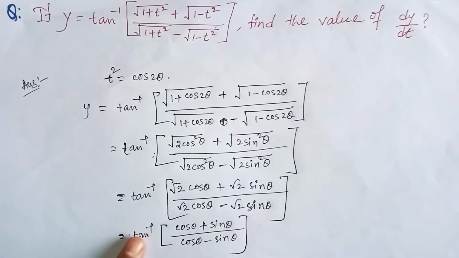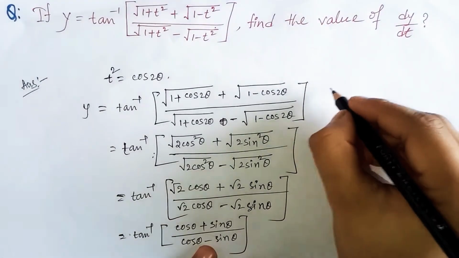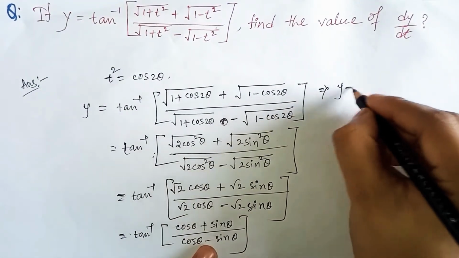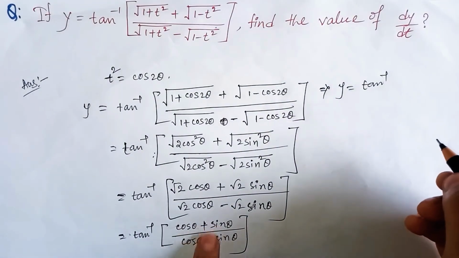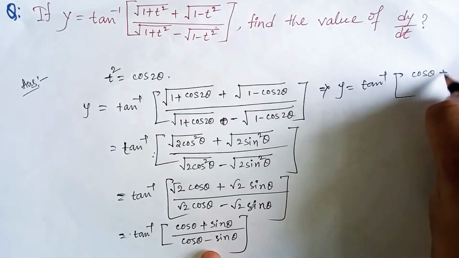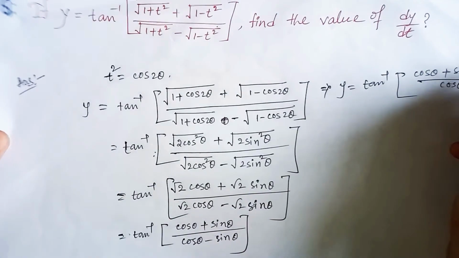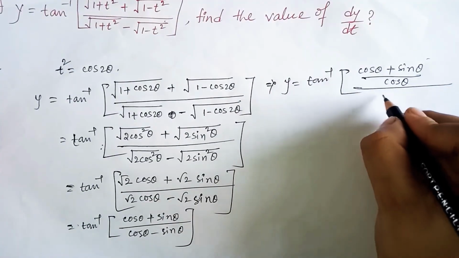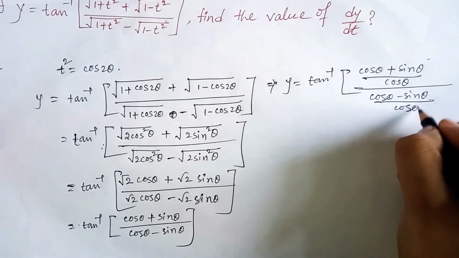So here we see tan inverse, so you have to change this term in terms of tan. So y equals tan inverse. We divide the numerator and denominator by cos theta. Then (cos theta plus sin theta) divided by cos theta, whole divided by (cos theta minus sin theta) divided by cos theta.